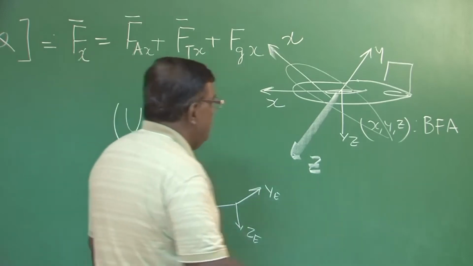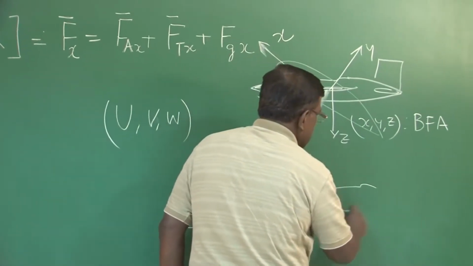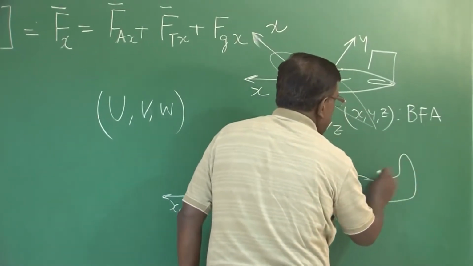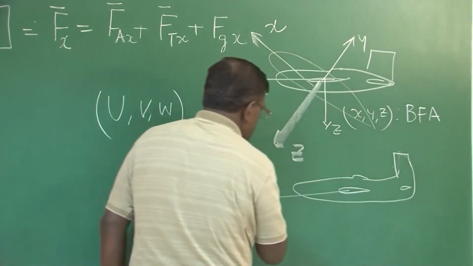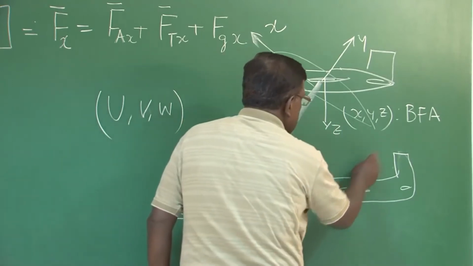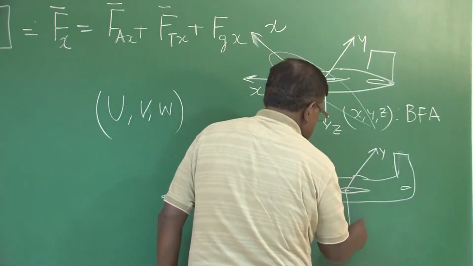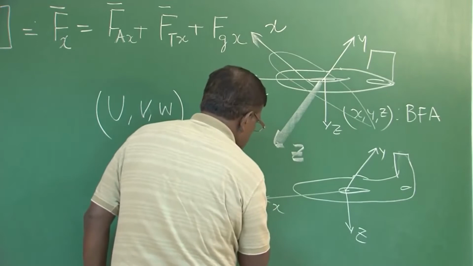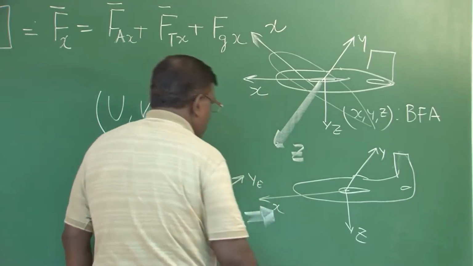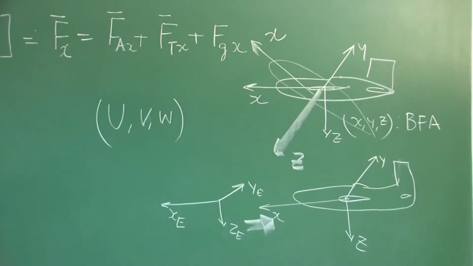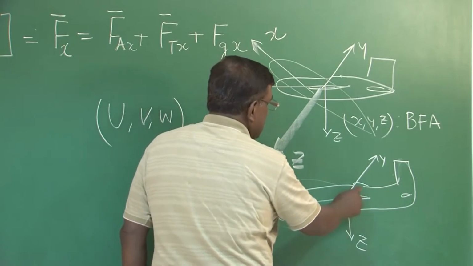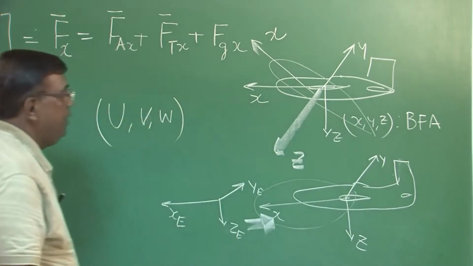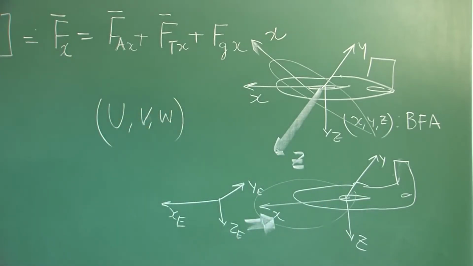Just to give an example, suppose this is the airplane, and this is x, this is y, this is z, and let's say relative wind is coming like this. It's the relative air velocity. Then you could see that the force along x direction is primarily the drag or the thrust.